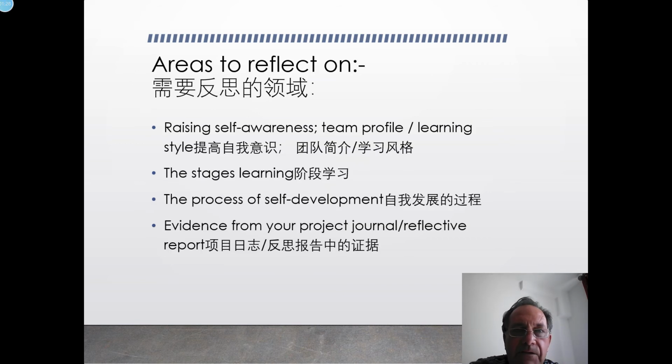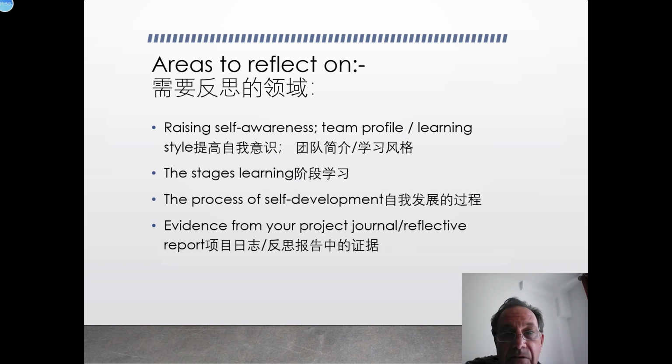The areas that you need to reflect on in this chapter are issues around raising your own self-awareness, looking at your profile, your learning style, your attitude to change, your emotional intelligence, and reflect on the stages of learning that you've been through in developing these particular skills that you've developed over the year, including the process that you've been through in terms of the personal or self-development process.